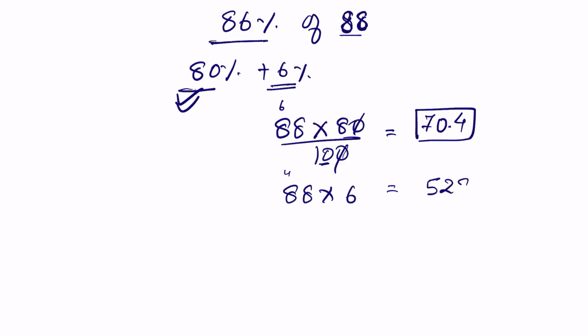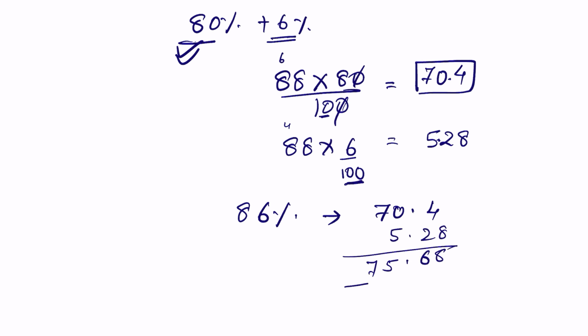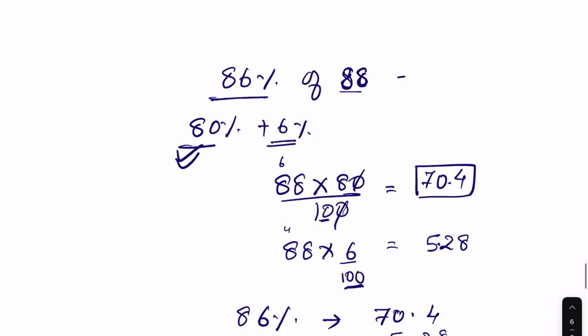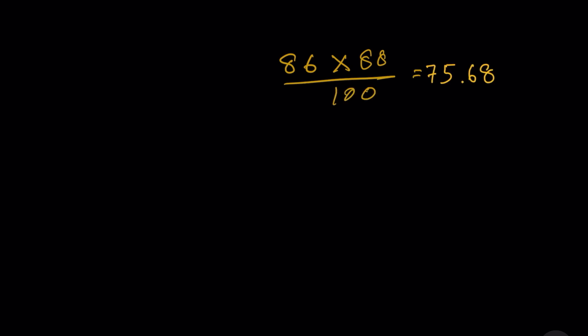So 528. Now 6% means 6 upon 100. So 2 zeros. So this will be 5.28. Now 86% will be, we have to add these two, 70.4 plus 5.28. So it is equal to 75.68. We can check it in the calculator, 86 times 88 upon 100, 75.68.